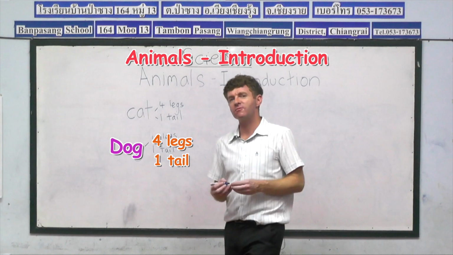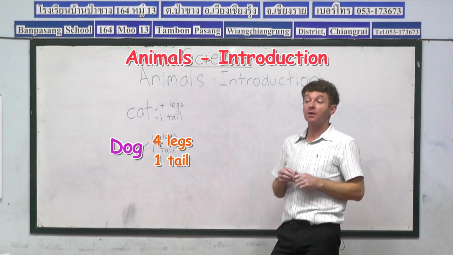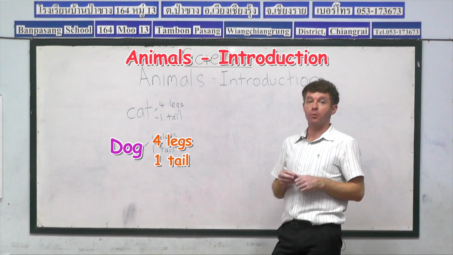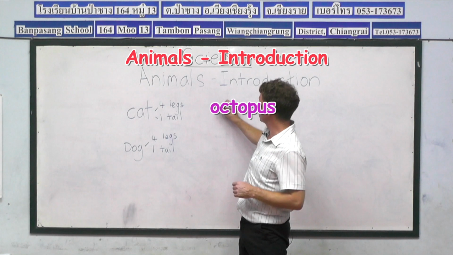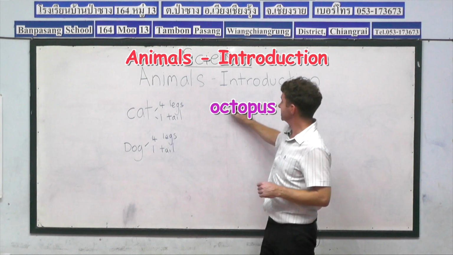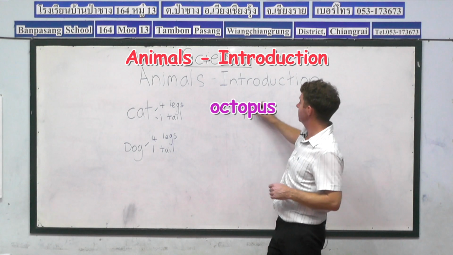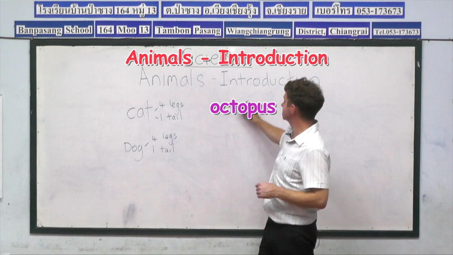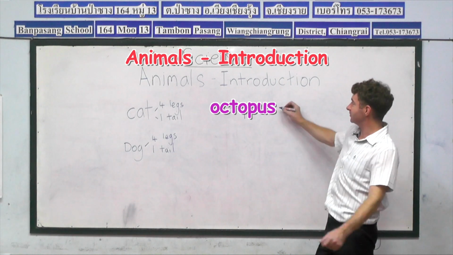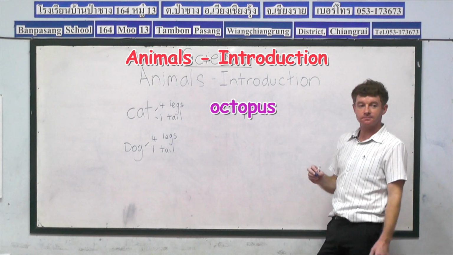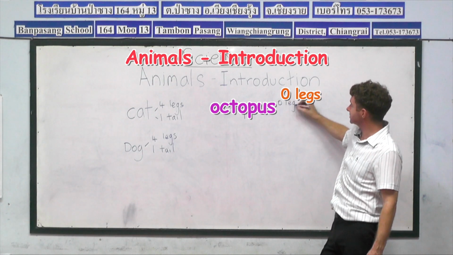But what about if we think about some other animals? How about an octopus? Very good example. Octopus, O-C-T-U-P-U-S. Now, how many legs does an octopus have? 0 legs.